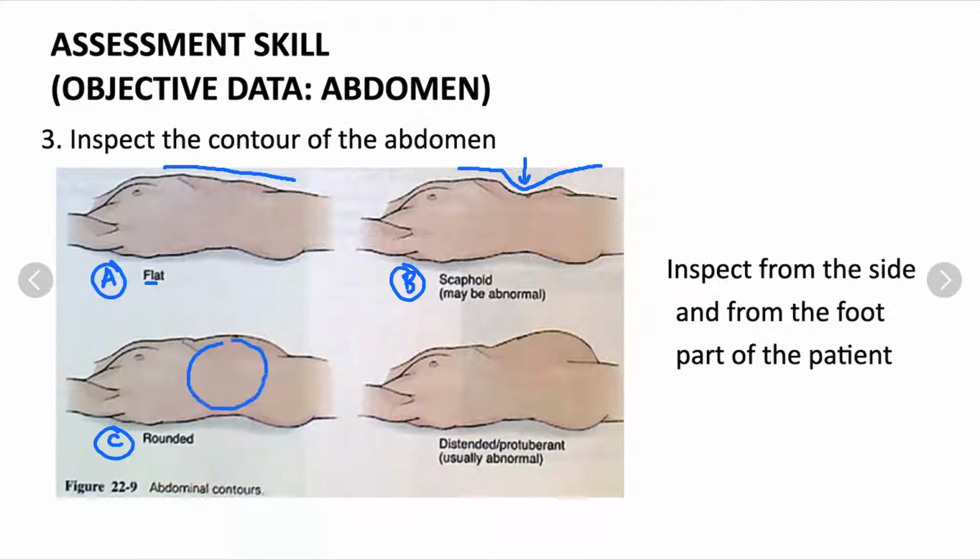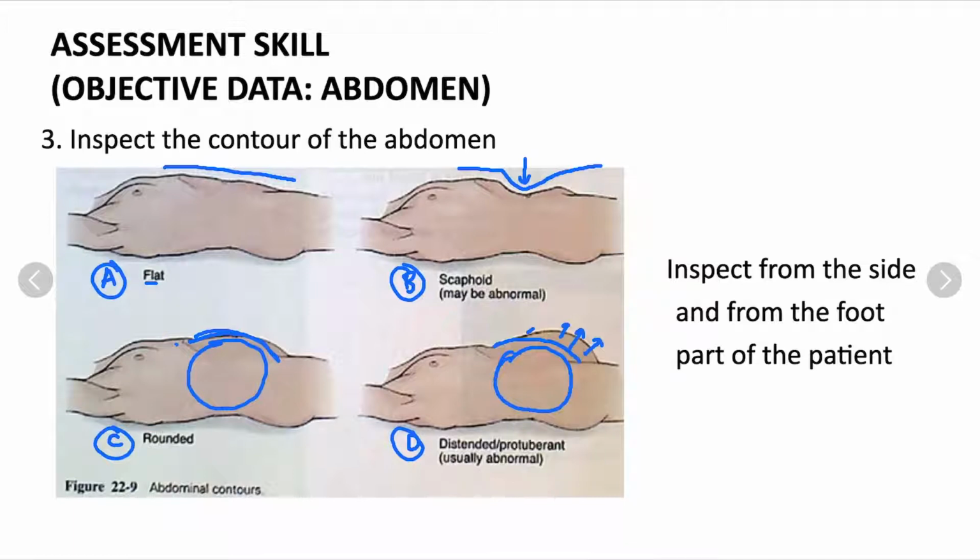So this is circle, it follows the contour of a circle, and this is distended. Sir, so what's the difference between the rounded and the distended? So rounded, it just follows this pattern. Distended has more elevation, or what do you call this, has more mass over the usually rounded abdominal area.